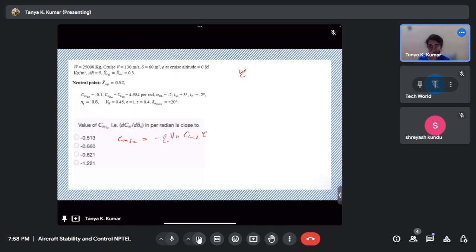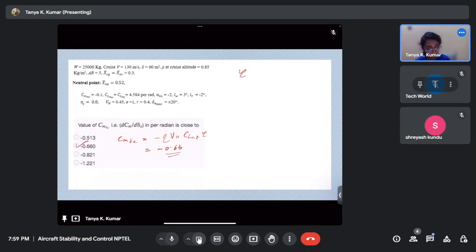Just substitute the values and quickly tell me the value. Yes, substitute the values and you get 0.66.